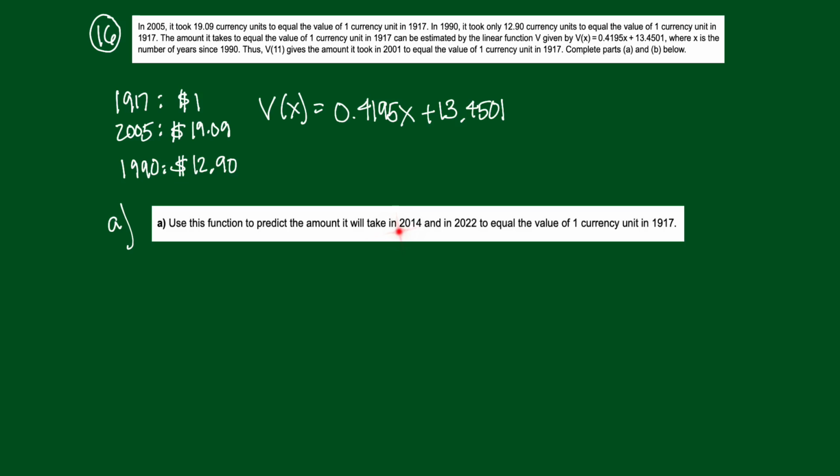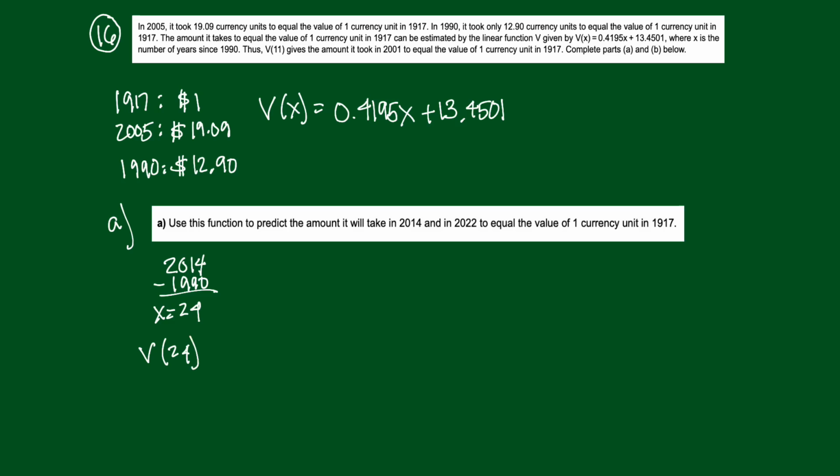X is the number of years since 1990. So we're going to have 2014 minus 1990. That is 24 years. So X is equal to 24. So we want to find V of 24.